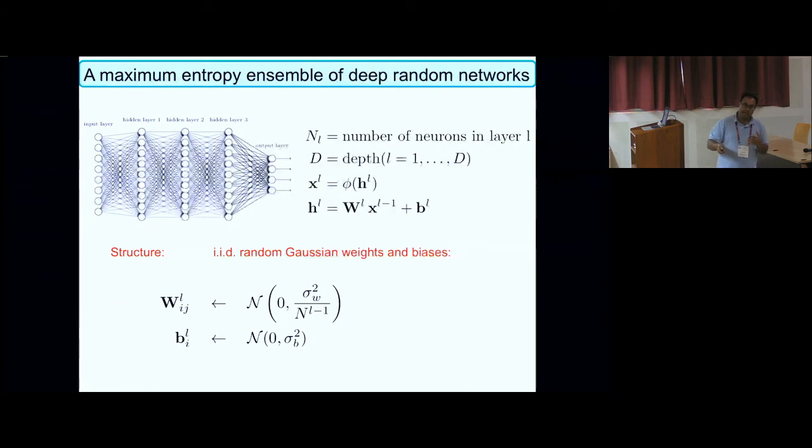The 1 over N is so that the inputs from the previous layer and the bias in the current layer are operating on an equal footing and have order 1 variances. And so this is the dynamics. There's linear propagation to the inputs to the next layer, and then you go through a pointwise nonlinearity to get the activations of the next layer. Okay? So this is a random dynamical system. We can compute the properties of signal propagation through the system. Okay, good.